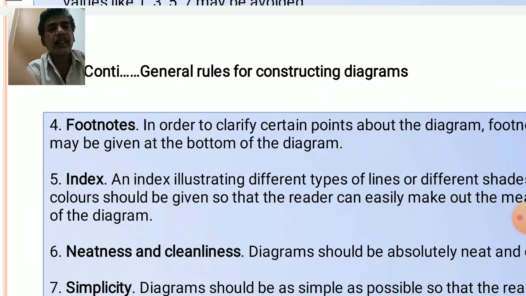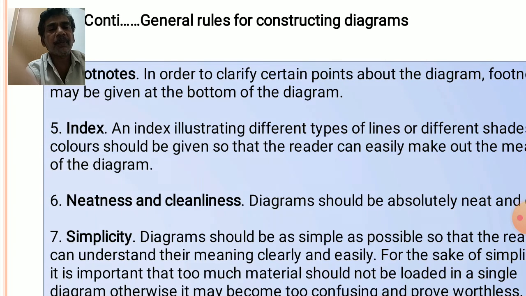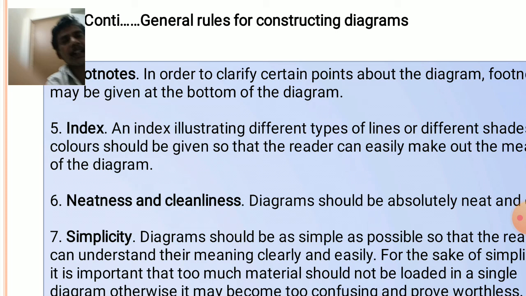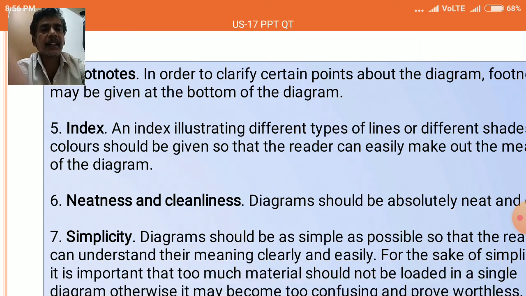By observing and keeping these points in mind, the diagrams can be constructed and easily understood by other people.